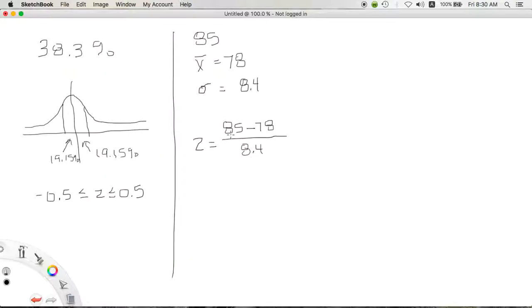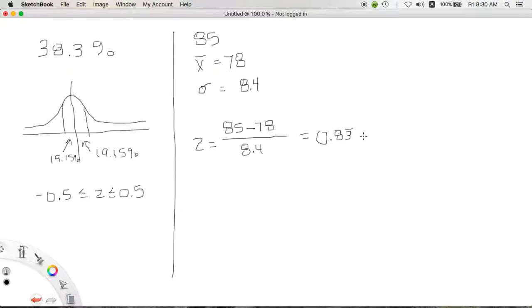So we divide by what a standard deviation is, and we get 0.83333.